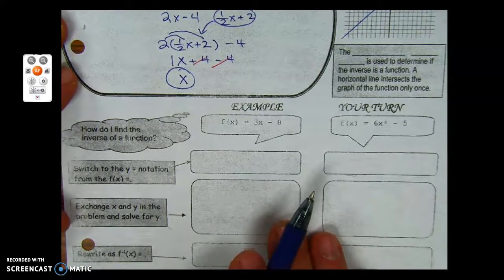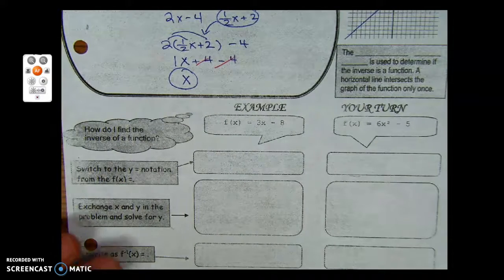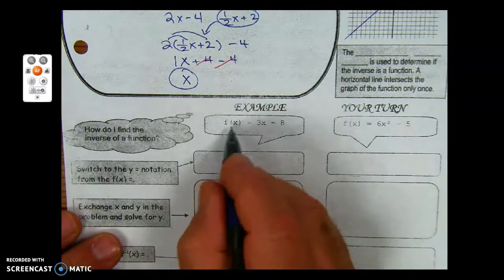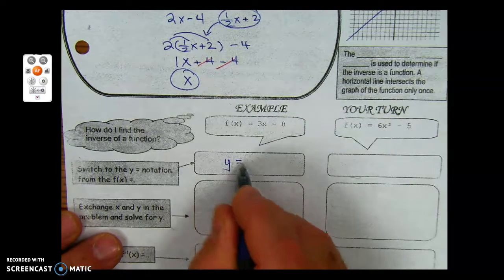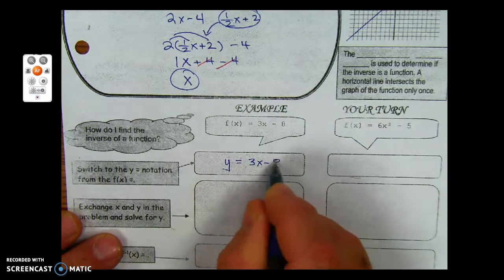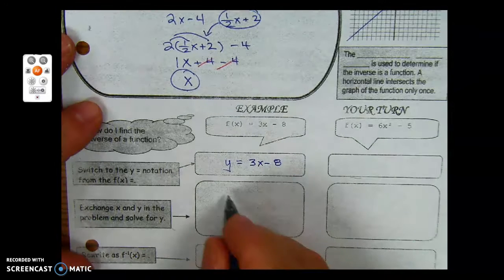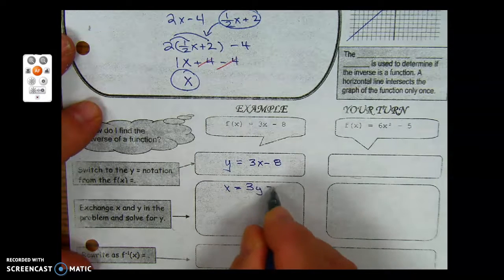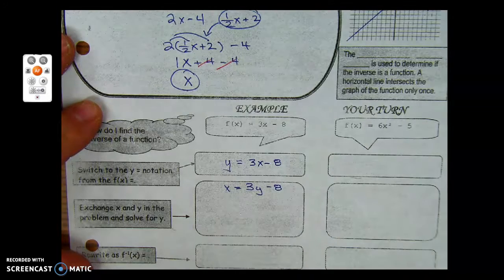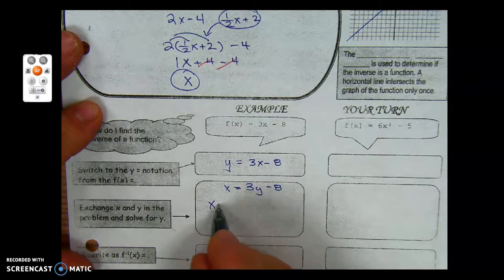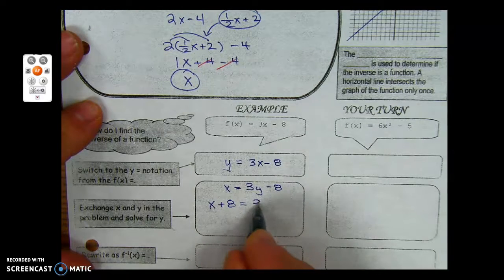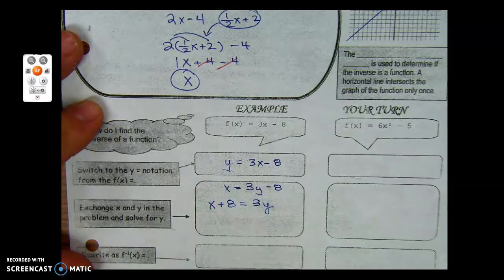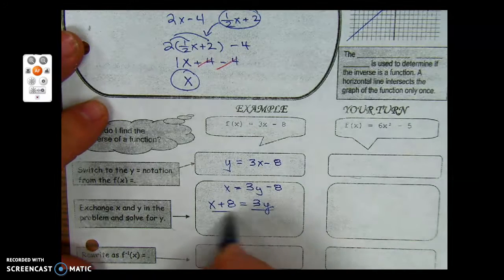So we kind of did this in class today, but we're going to first start by changing f of x to y. So y equals 3x minus 8. And then I'm going to switch the x and the y and solve for y. So x equals 3y minus 8. Now I'm going to add 8 to both sides. So x plus 8 equals 3y. Now I'm going to divide both sides by 3.